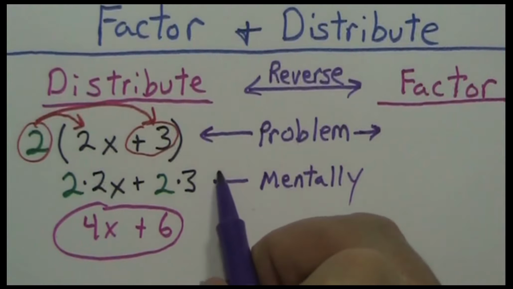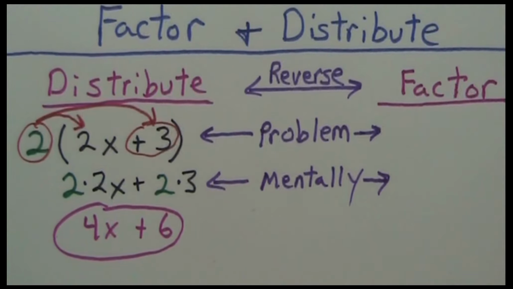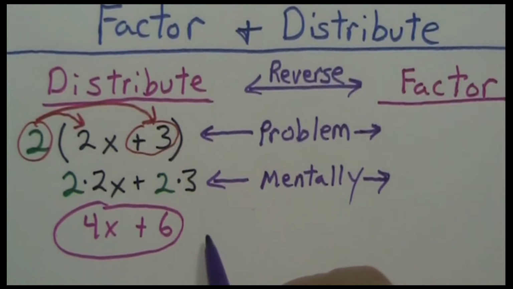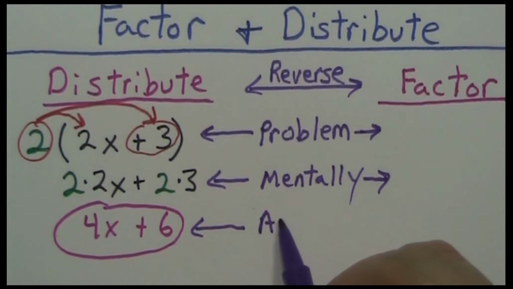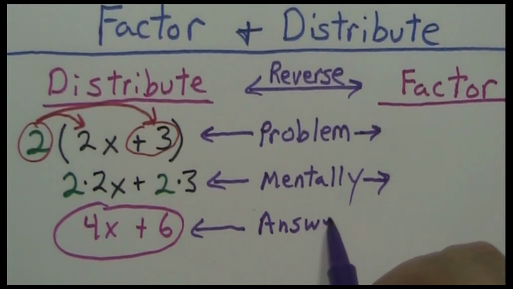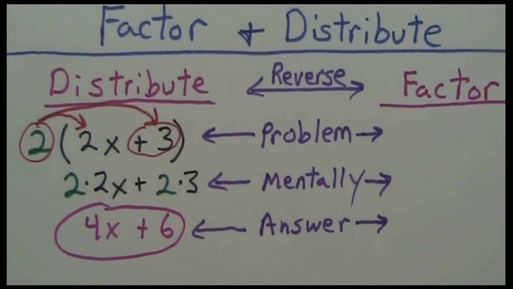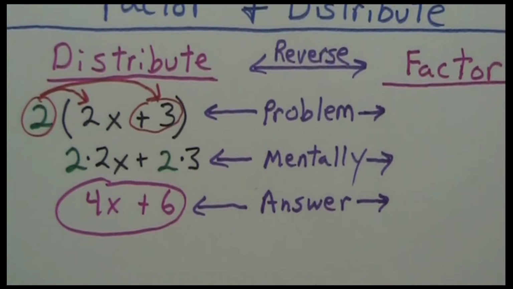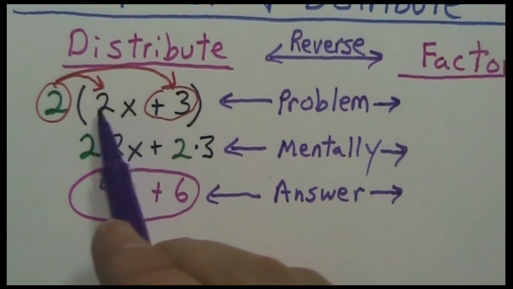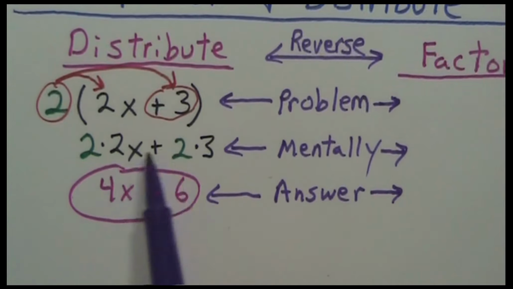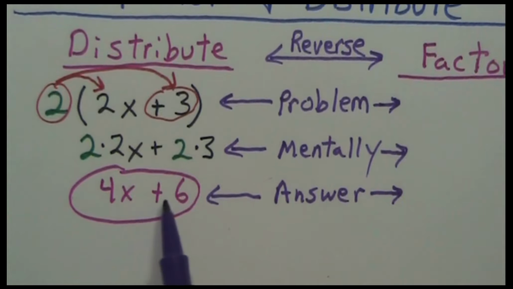This is what we're doing mentally. And then this is the answer. So we have our problem. Then mentally, we do this step here, and then we have the answer.